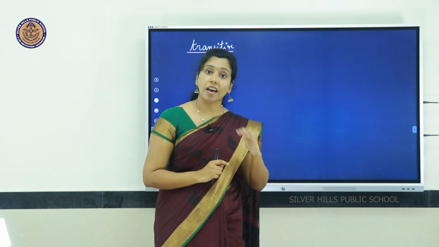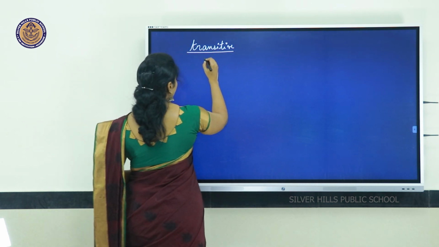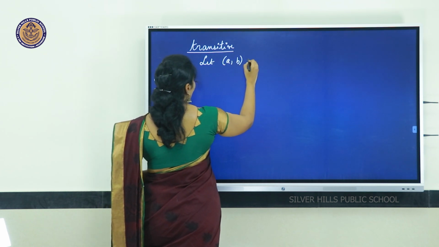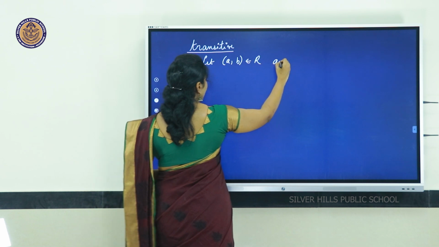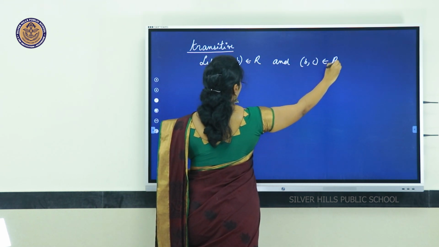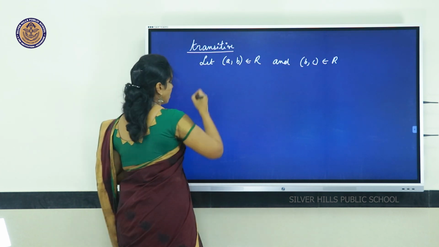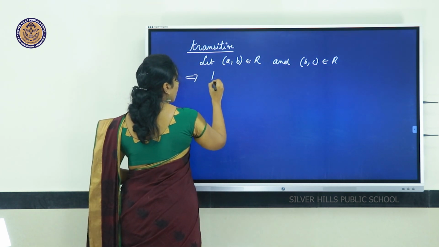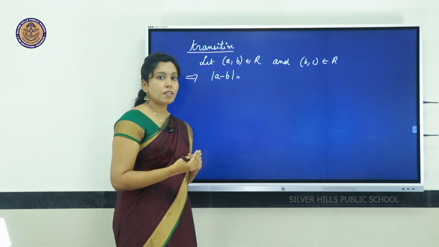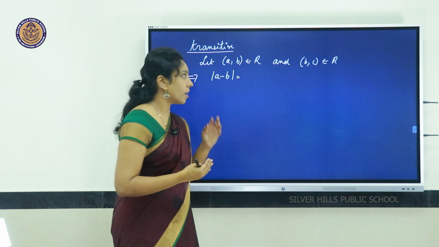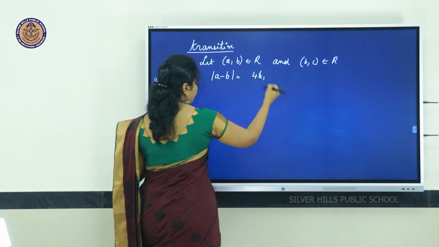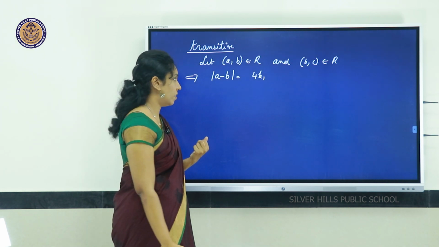Let (A, B) belong to R and (B, C) belong to R. We just write the meaning of it, which implies modulus of A minus B is a multiple of 4. That means I can say mod A minus B is some 4k1. Okay, I am just using 4k1.